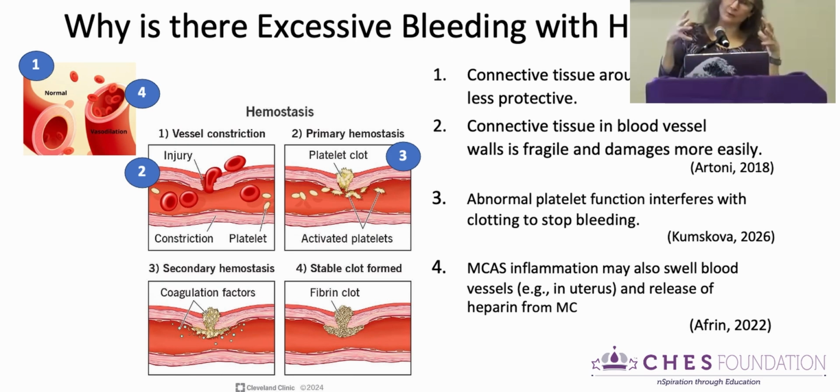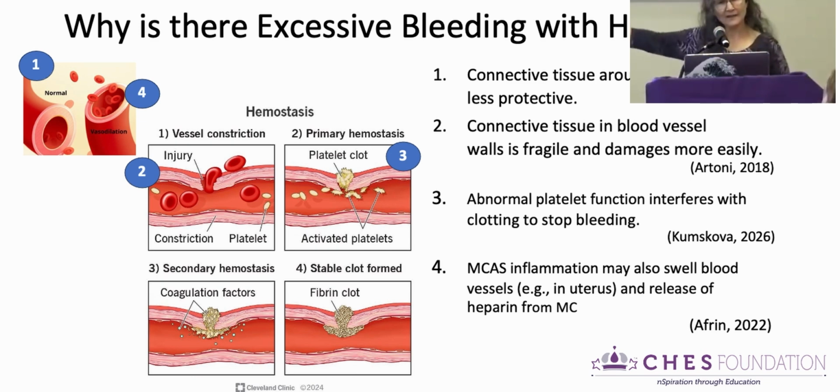Well, it engorges the blood vessels with blood and makes them more leaky and releases heparin. So now you have blood vessels that are really full, that are leaky, and you've got more heparin in your system. And this is probably particularly important for the heavy menstrual bleeding because the mast cell activation probably causes engorgement of the blood vessels in the uterus, and of course they're sloughing off, and so now you just have a lot more blood there that's coming out.